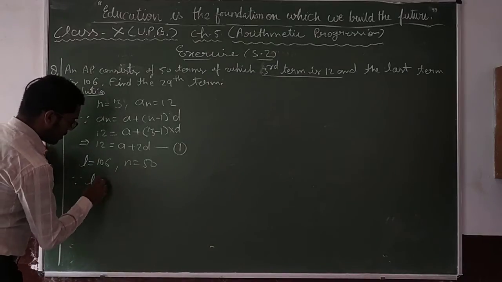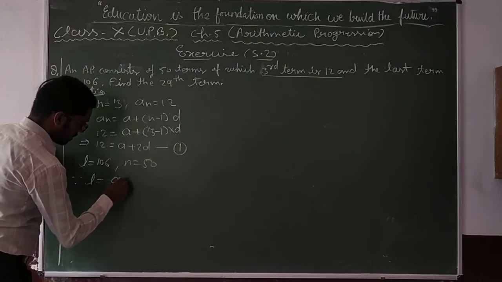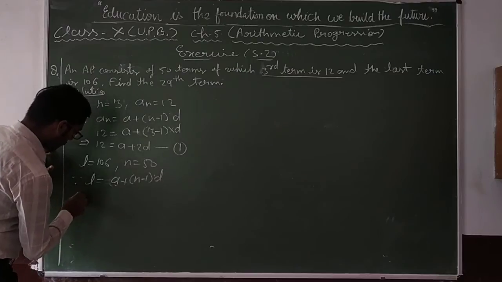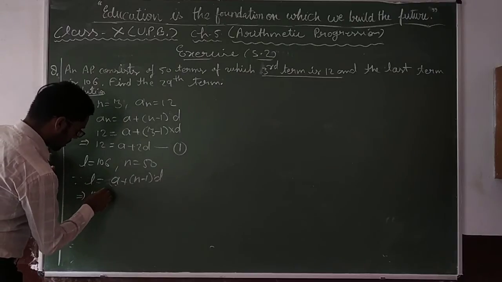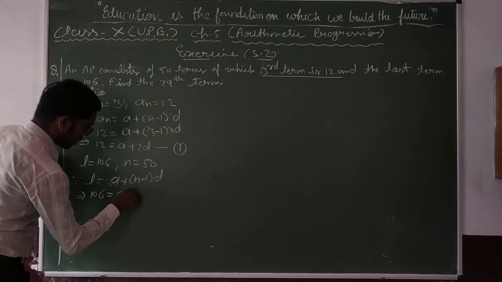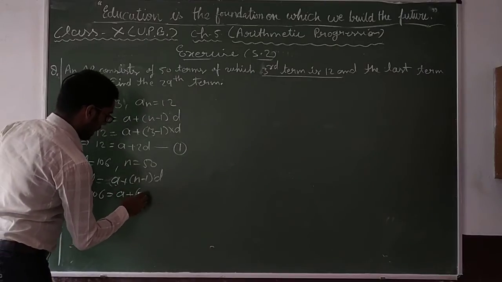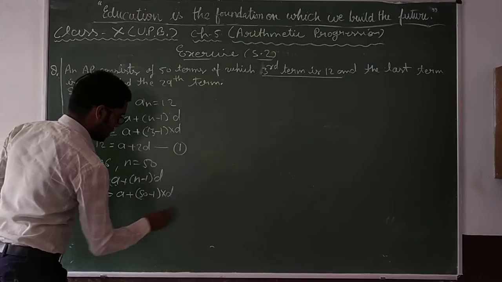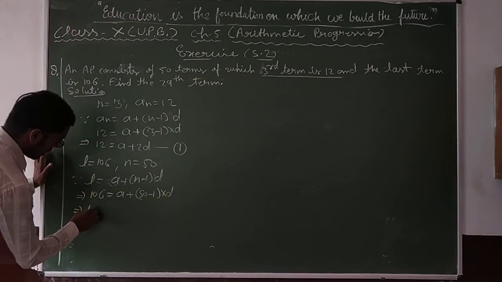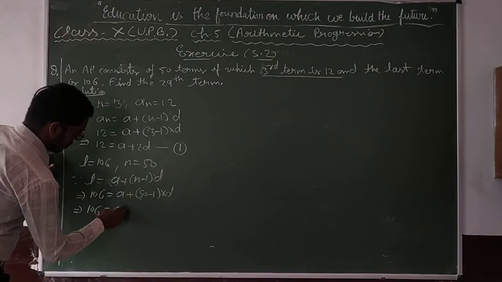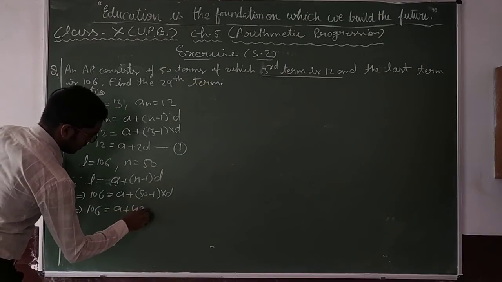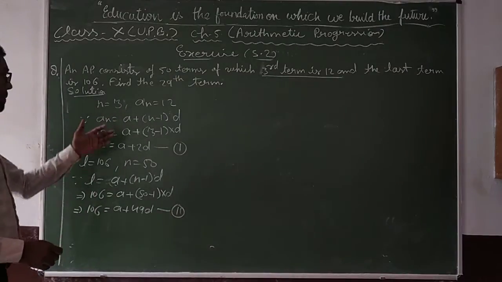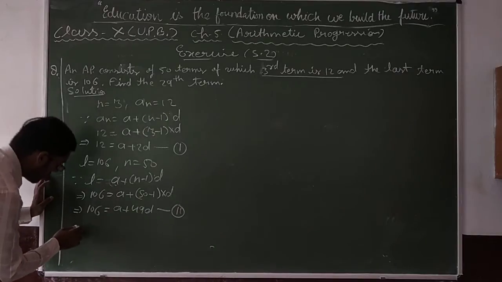Write the formula an is equal to a plus n minus 1 into d, where the last term 106 is equal to a, the first term which is not given, plus n, the number of terms which is 50, minus 1 into the common difference d. 106 is equal to a plus 49d. This is the second equation.